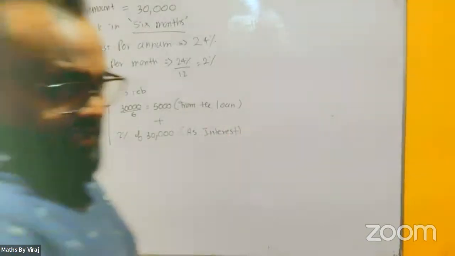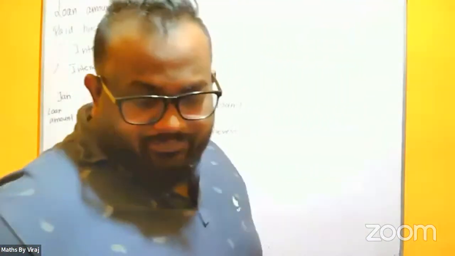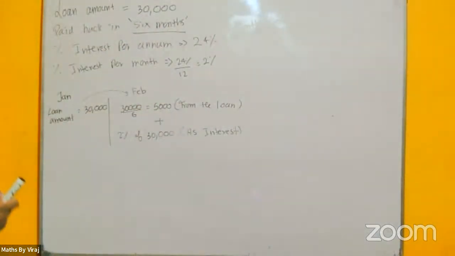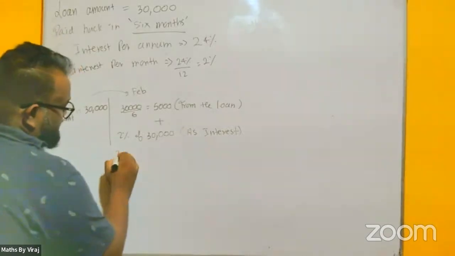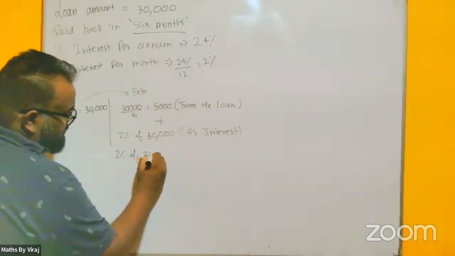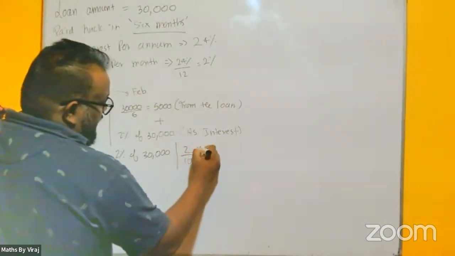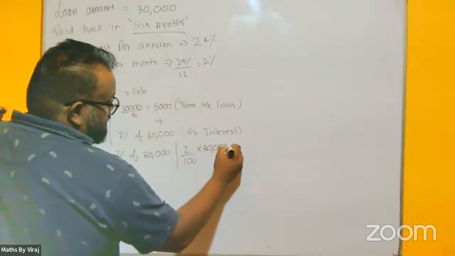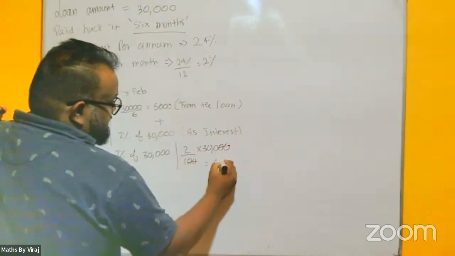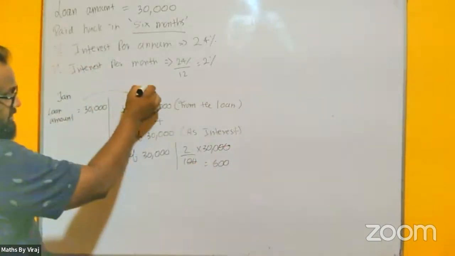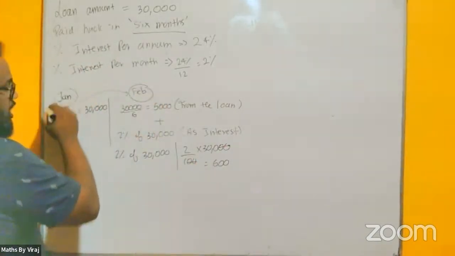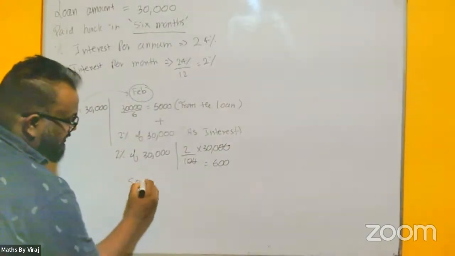Now this is rather a bit confusing, I must say. Why? What is this 2% of 30,000? It would be 2 over 100 into 30,000, 600. Therefore, in the month of February, how much should I give?